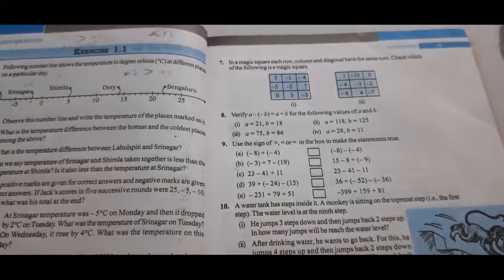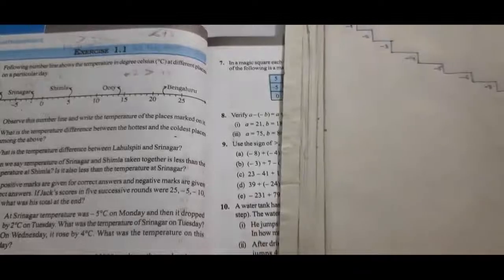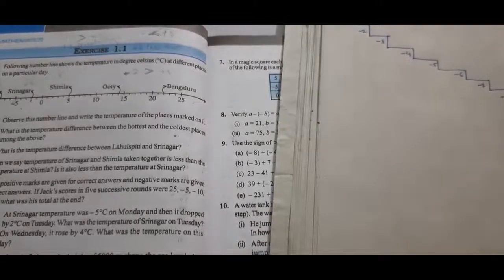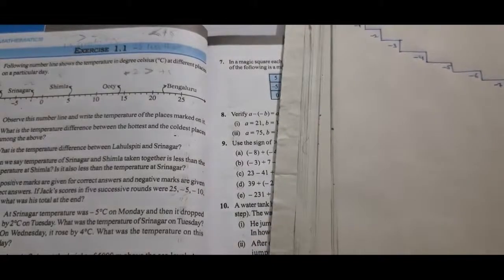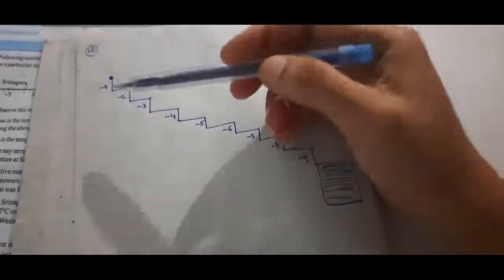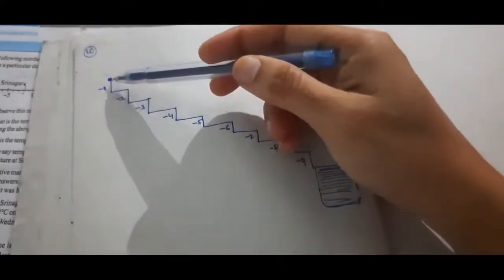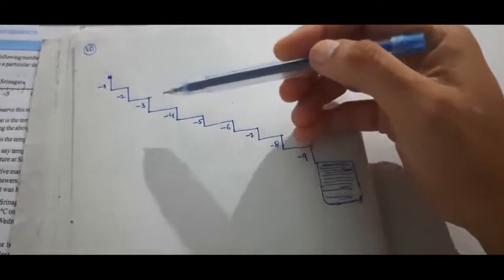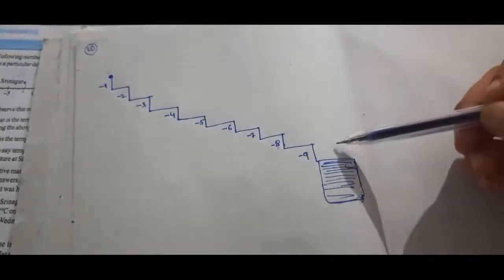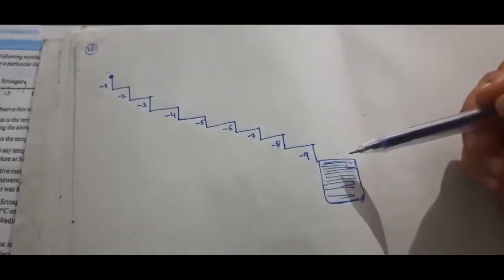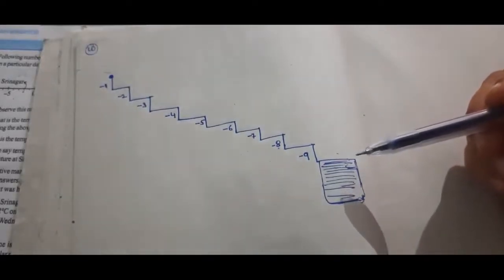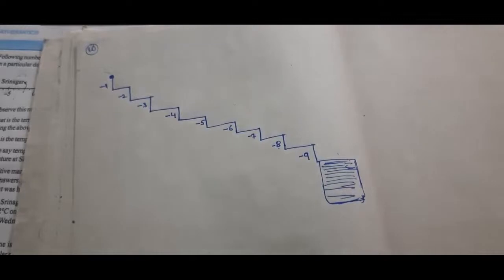Monkey will reach the water level according to the question. In the first part of the question, the monkey is sitting at the topmost step and wants to go down to the 9th step, moving down the water tank so that it reaches the water level.